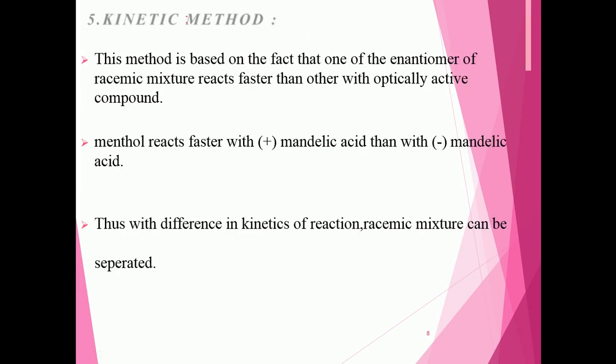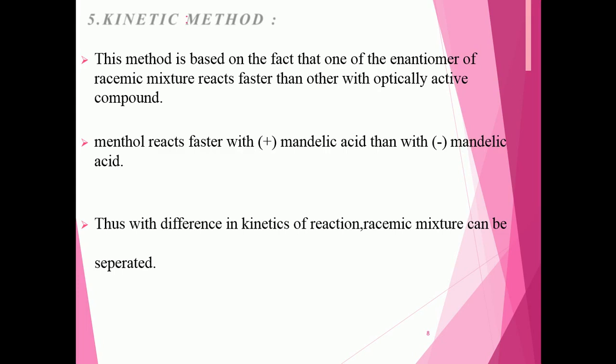Next is kinetic methods. This method is based on the fact that one enantiomer reacts faster than the other with an optically active compound. The base is clear: we have to react the enantiomeric mixture with an optically active support or optically active reagent. But kinetic means what?